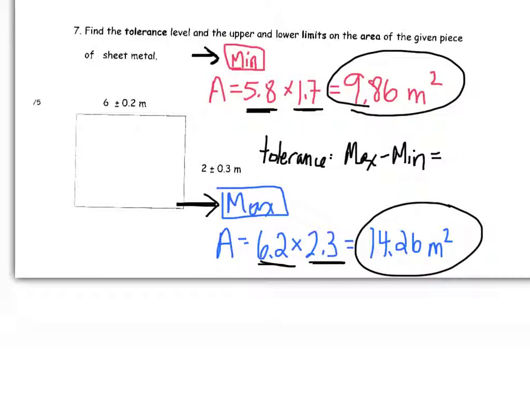What am I going to get when I do maximum minus minimum? I'll type that into my calculator, and I get 4.4 meters squared. Okay, so that's my tolerance level right there.